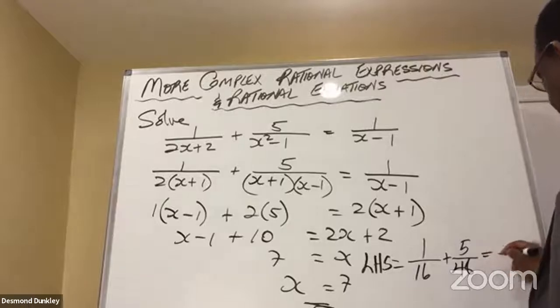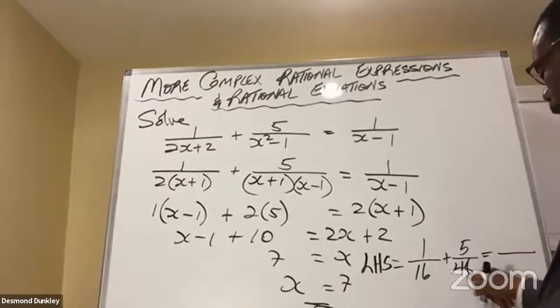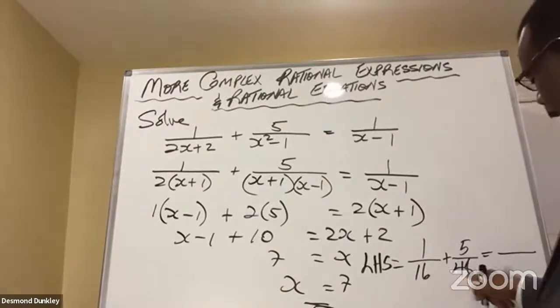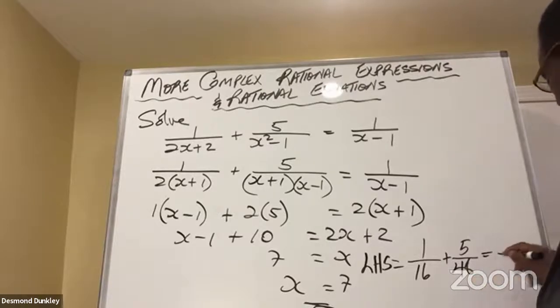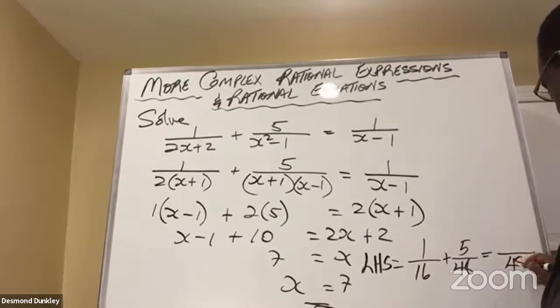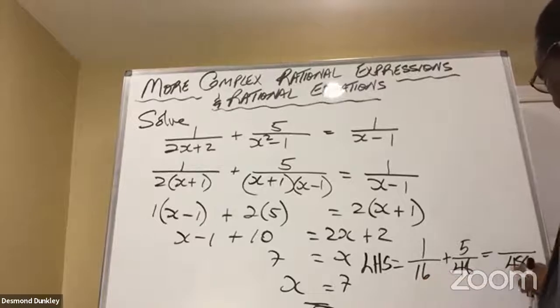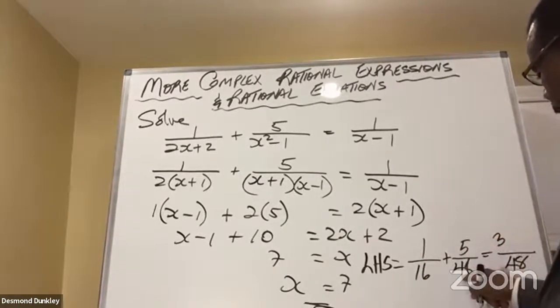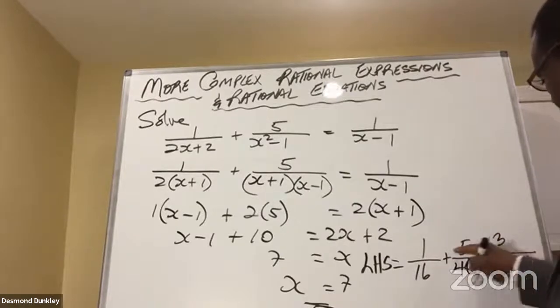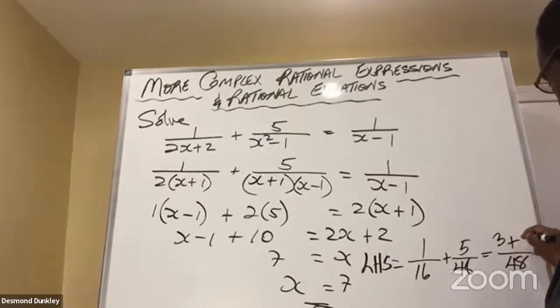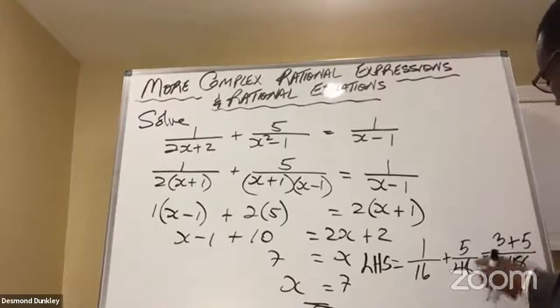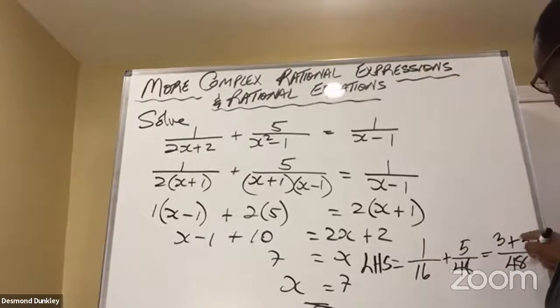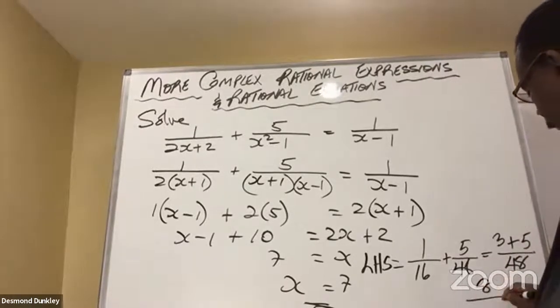What is that equal to? Well, common denominator is 48 because 16 goes into 48 3 times. So we're going to put 48 here. 16 into 48 is 3. 3 times 1, 3. This is already 48, so I can put plus 5. There's no change because we already have 48. 3 plus 5 is 8 over 48.